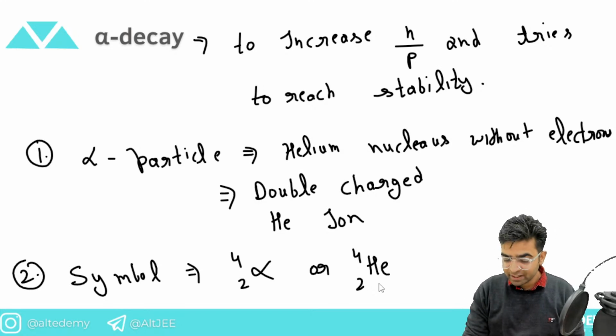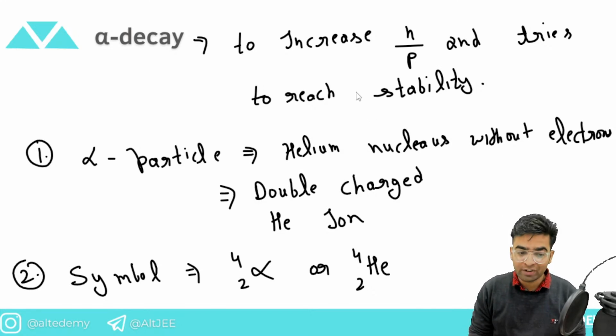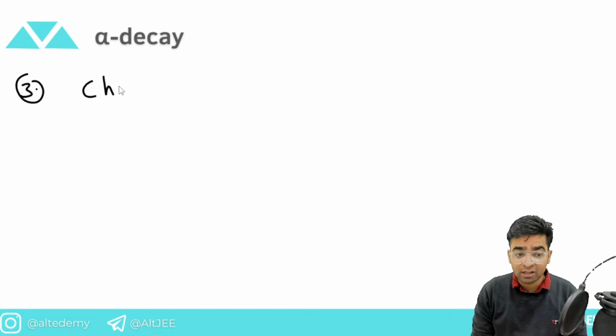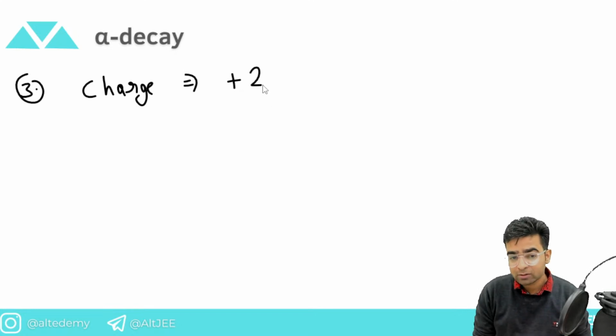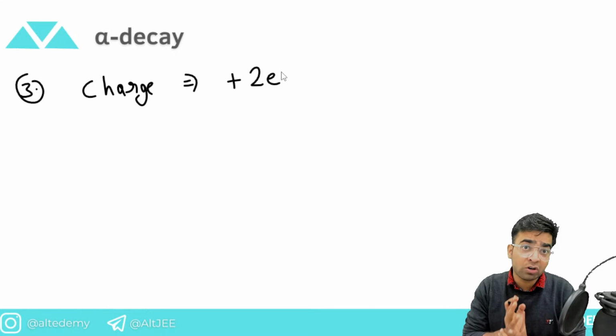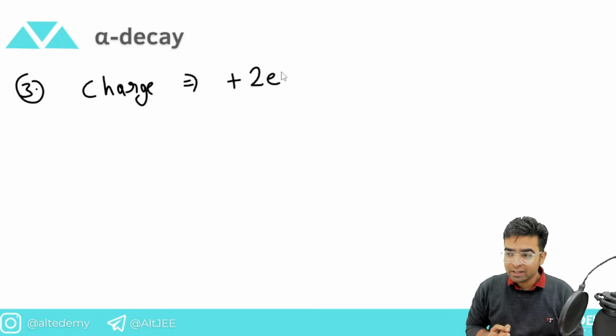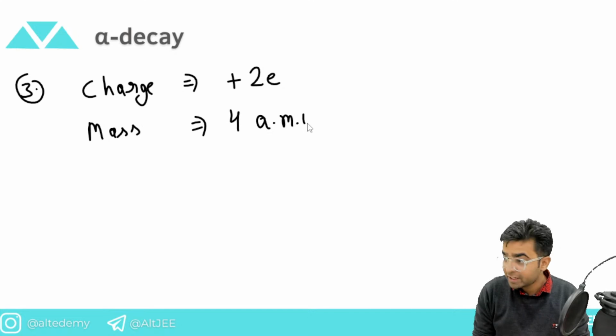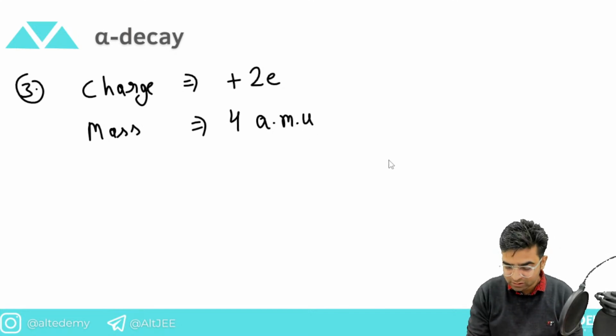Now the charge: the charge is plus 2e. It is not electrically neutral, it has positive charge. Mass: it has 4 atomic mass units.